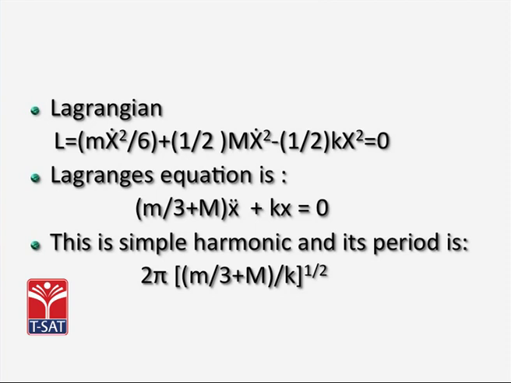Now, Lagrange's equation is (m by 3 plus capital M) x double dot plus k x is equal to 0. This is simple harmonic in principle, and its period is 2 pi into ((m by 3 plus capital M) divided by k) to the power of half, that means it is the square root of this.